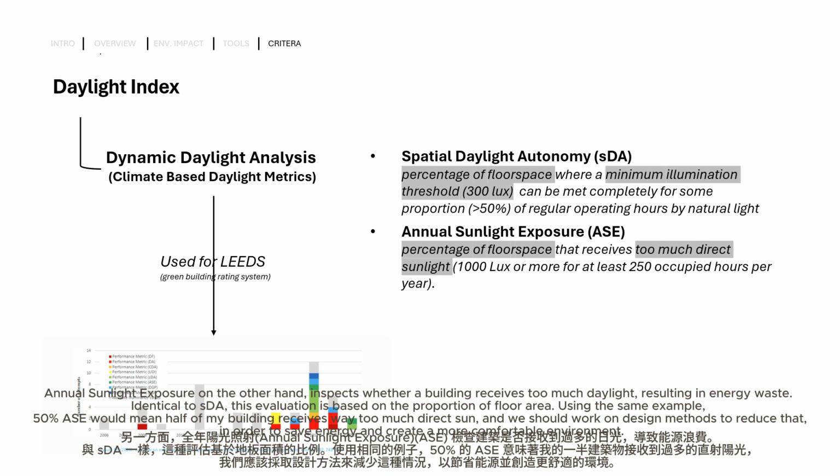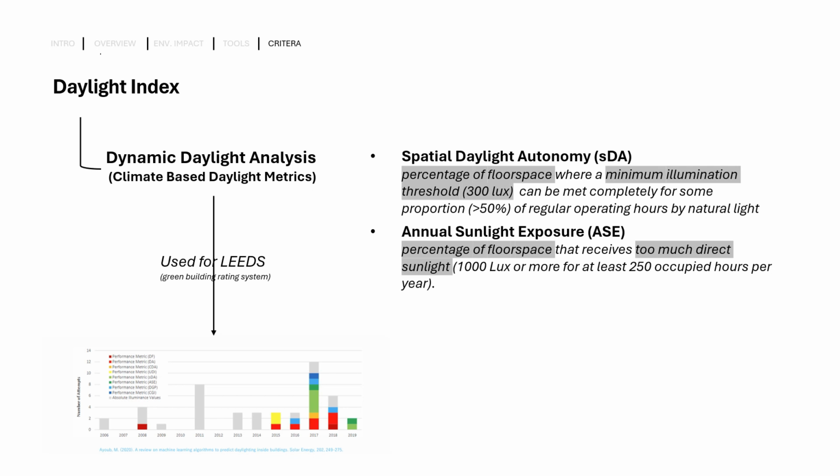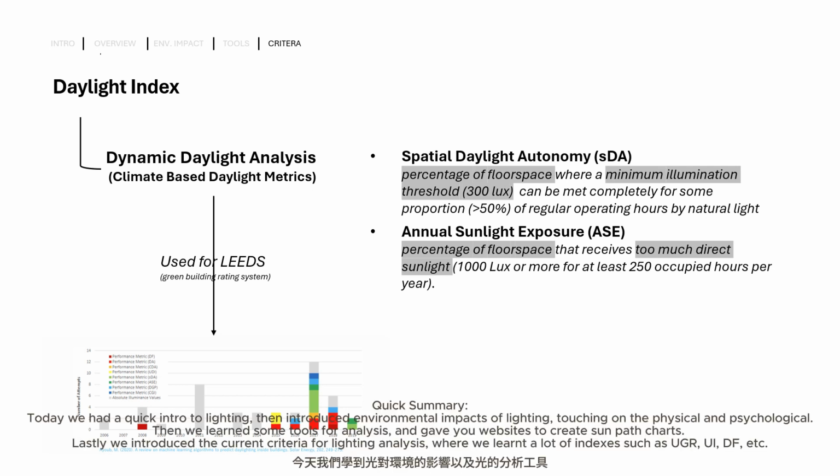Using the same example as previously, 50% ASE would mean that half of my building floor area receives way too much direct sun, and thus my design team should work on design methods to reduce that area in order to save energy and also create a more comfortable environment. Lastly, dynamic daylight analysis or climate-based daylight metrics are used for LEED, which is a green building rating system.